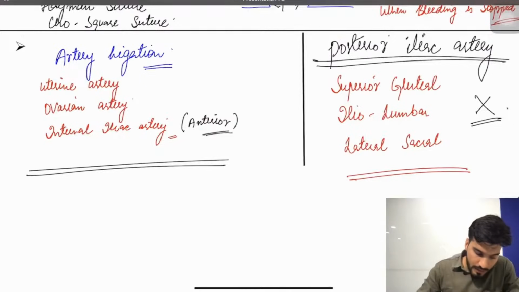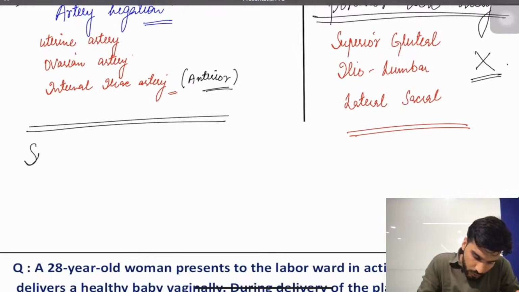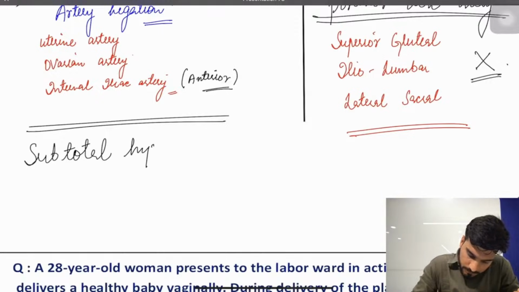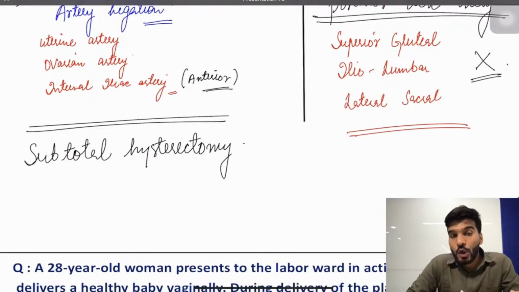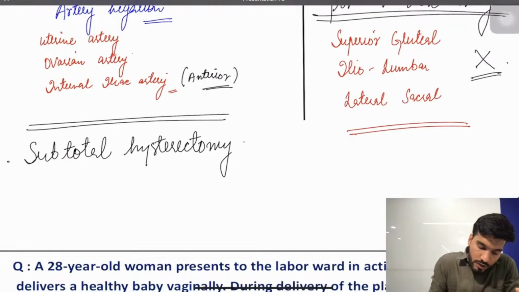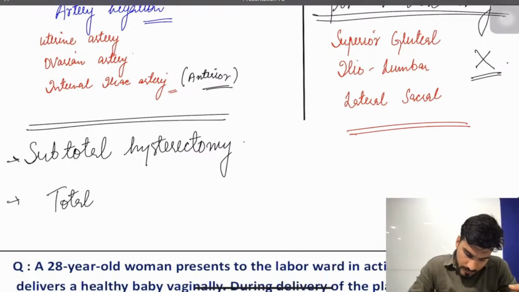So if the bleeding is still not stopped, we'll go with a supracervical or subtotal hysterectomy. Subtotal hysterectomy will only remove the uterus, not the cervix. And if the bleeding is still not stopped, we'll go with total abdominal hysterectomy.